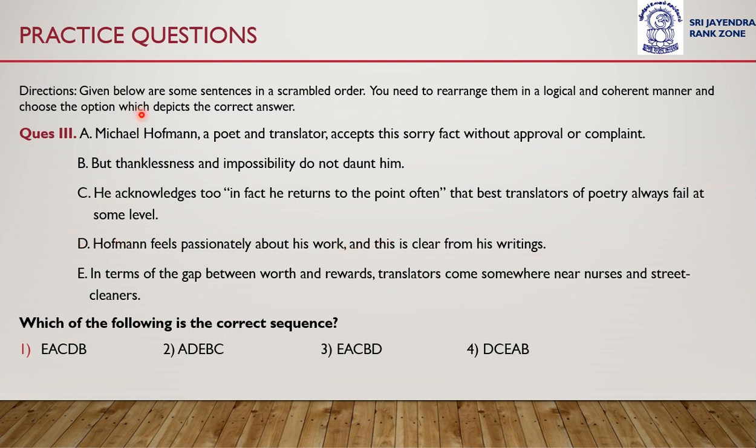Now notice that Michael Hoffman has been used in full form in sentence A, and Hoffman has been used in short form in sentence D. Therefore, option A will always precede option D. A will always come before D. So we have three options in which A is coming before D, option 1, 2 and 3, except option 4.